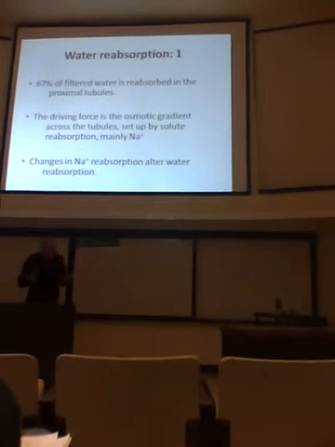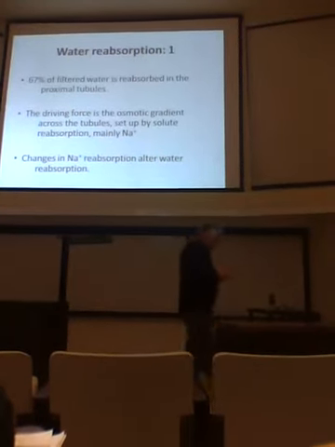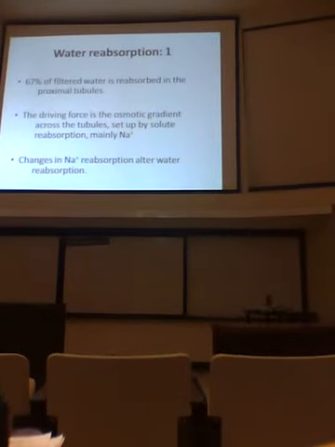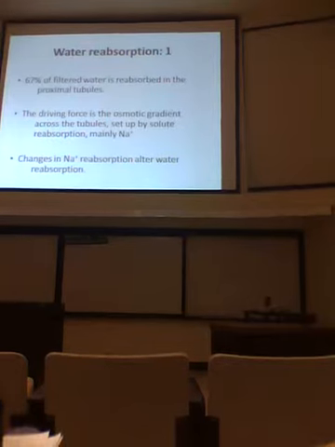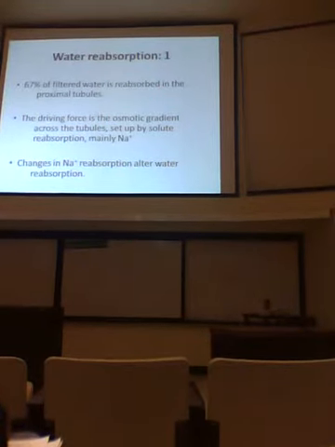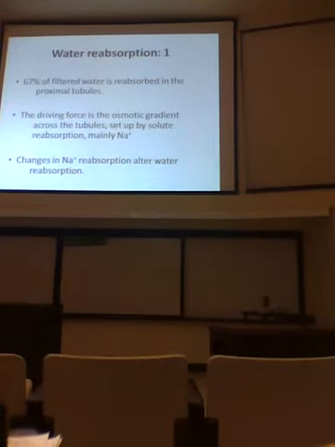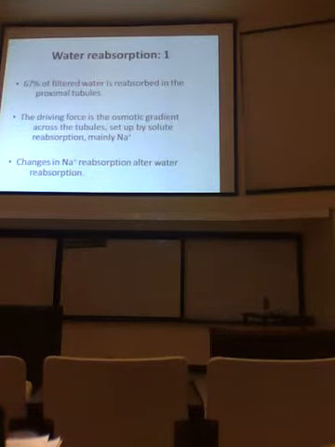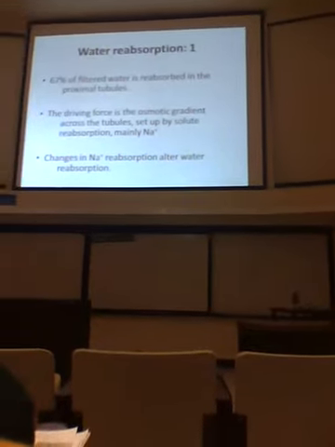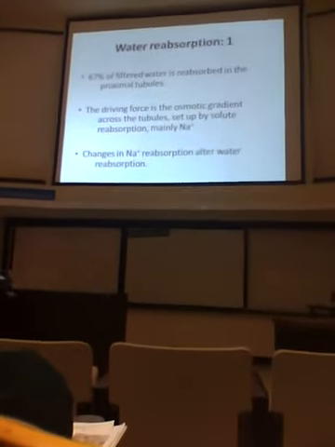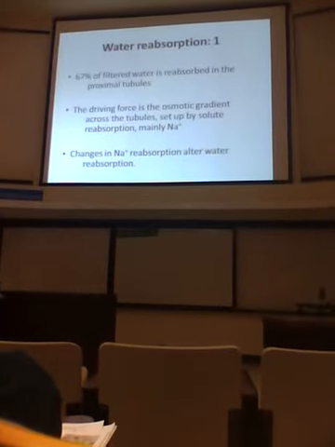Because, again, 67%, I don't know where they get this figure, it's very exact, isn't it? 67% of filtered water is reabsorbed in the proximal tubules. As I showed you, the driving force is the osmotic gradient across the tubules set up by solute reabsorption, mostly sodium. Remember I showed you that just now in that other picture.